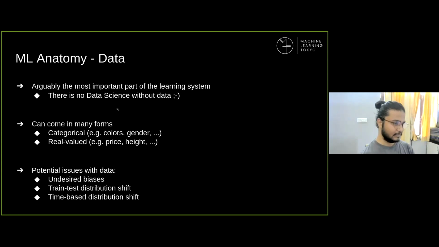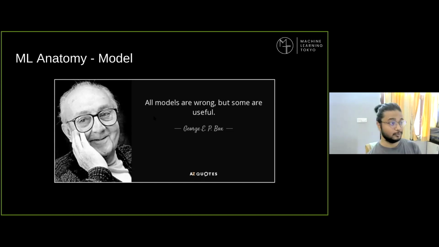I think let's move on to models. I really like this quote by George E.P. Box. He says all models are wrong, but some are useful. From what I could get out of this quote, we may never know what the true model is, right?